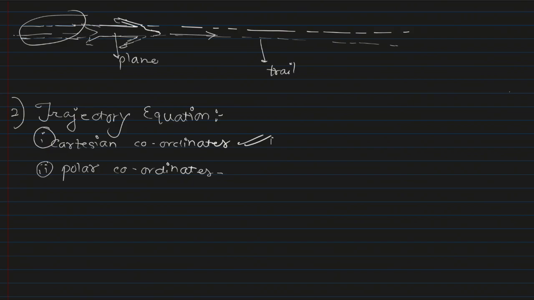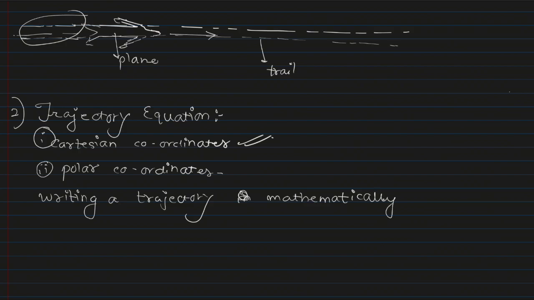So what is a trajectory equation? Writing a trajectory in mathematical form, or writing a trajectory mathematically, is what trajectory equation is.